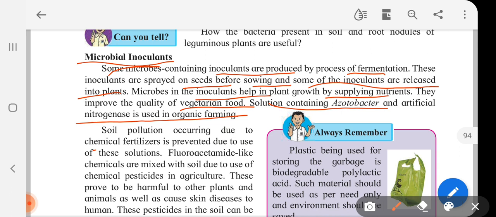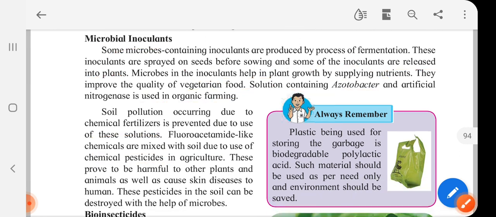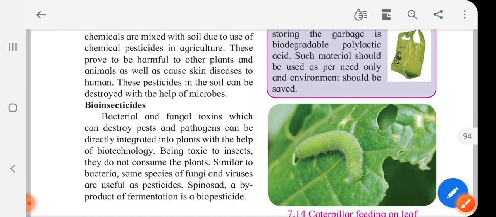Soil pollution occurring due to chemical fertilizer is prevented by this solution. Fluoroacetamide-like chemicals are mixed with soil due to the use of chemical pesticides in agriculture. This proved to be harmful to other plants and animals as well as cause skin diseases to humans. This pesticide in the soil can be destroyed with the help of microbes. So harmful chemicals can be destroyed as well.